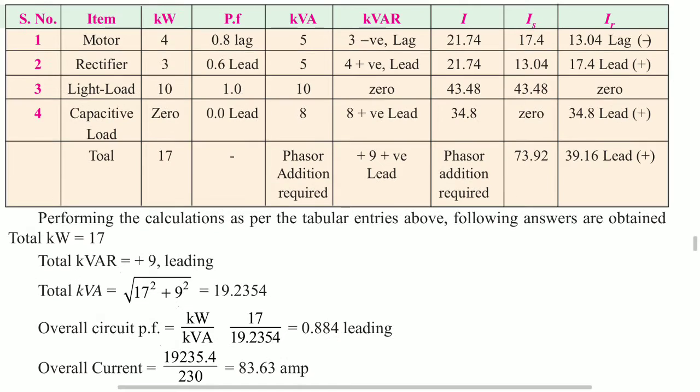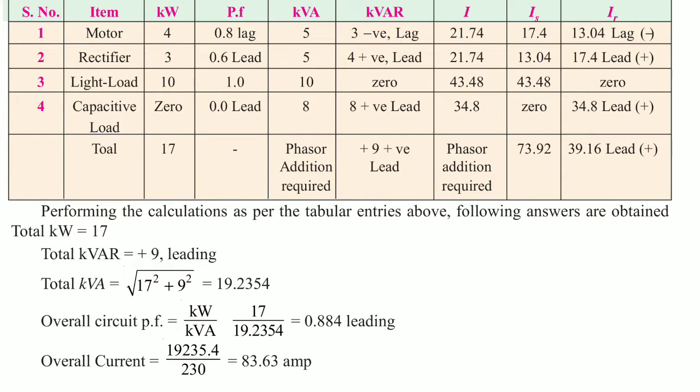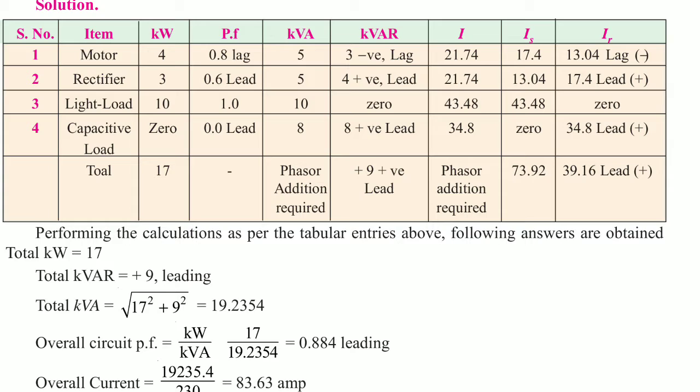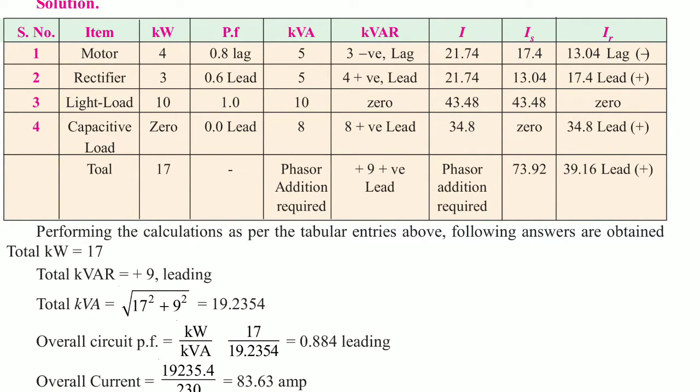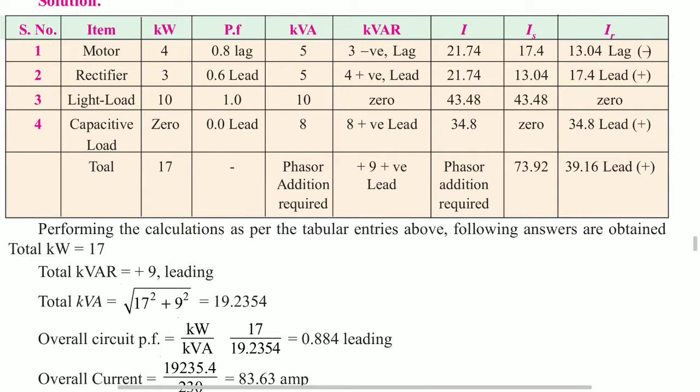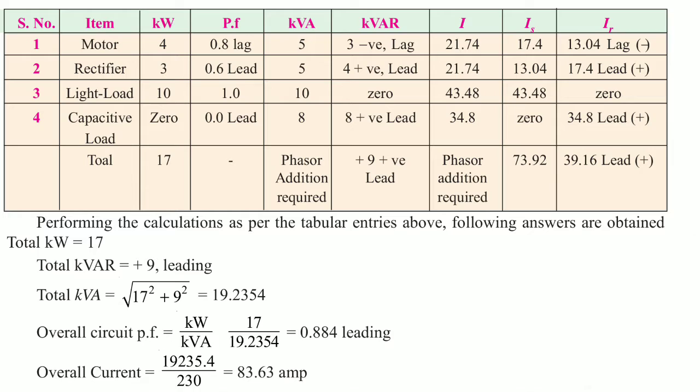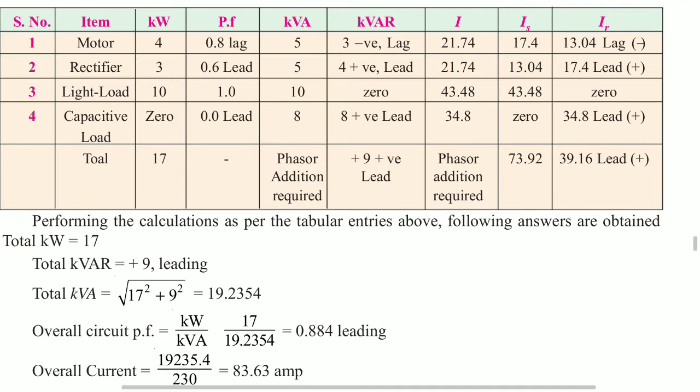Now the total kW is 4 plus 3 plus 10, which gives 17. The kVA we cannot add directly, phasor addition is required here. The kVAr is minus 3 plus 4 plus 8. Minus 3 plus 4 is plus 1, and plus 1 plus 8 is plus 9, leading.